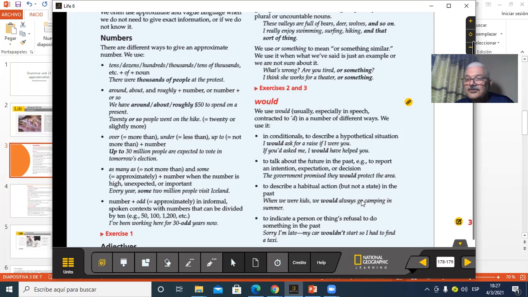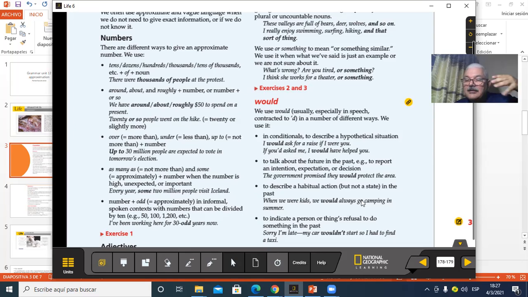And we could also use number plus odd, okay, in informal conversation, okay? So we can say, for instance, I've been working, I've been studying here, okay, for 30 odd years now, okay?